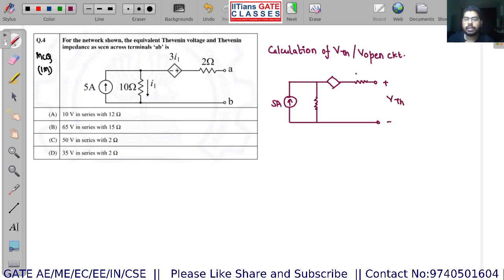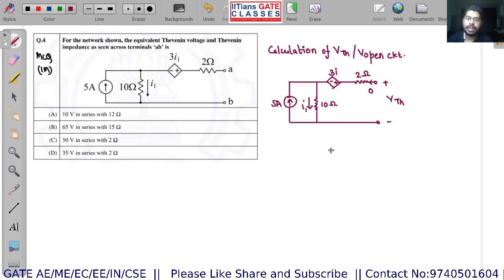Okay, this is 2 ohm, this is minus plus 3i. What kind of source is this? 10i1 and 5A. So this is a current controlled voltage source. Okay, current controlled voltage source. So I need to calculate VTH. So you can see this is open circuit, so current flowing through this branch will be 0.